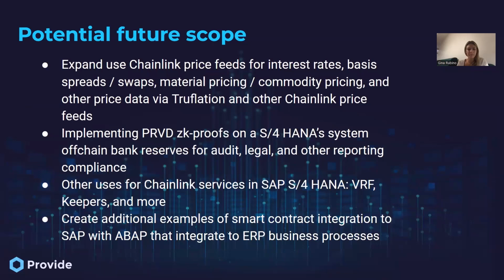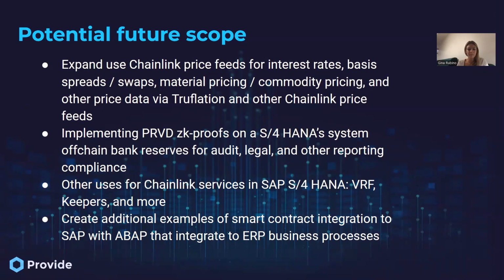So thinking about how we could iterate upon this in the future: that update to TCURR, that same mechanism you could use to maintain other financial data inside of SAP. Of course, you could think about ways you could use price feeds for commodities like oil or gold. I know that, for instance, Trueflation is a specialist in that domain.